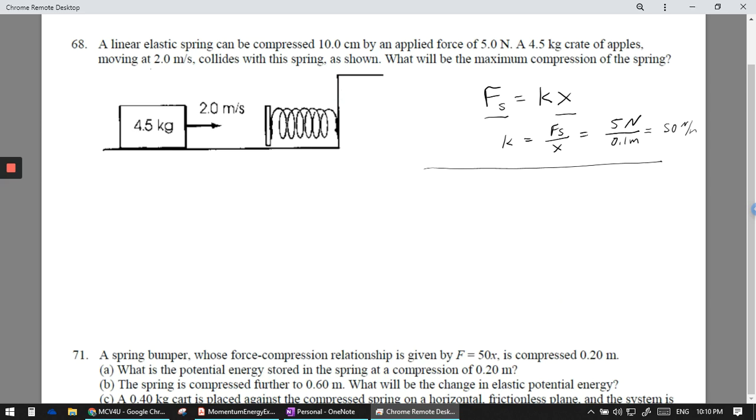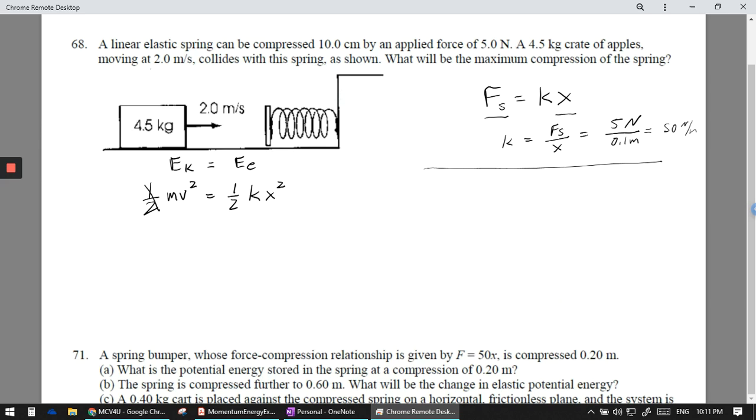So what we're looking at at this point is something like 1/2 mv squared equals 1/2 kx squared. This is because the kinetic energy will become elastic potential energy. That's an F, I should have written K here for the kinetic energy. All right, and so there we have it.